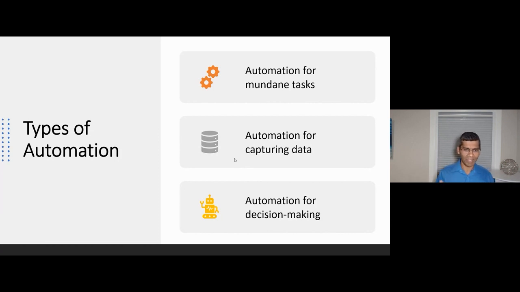For example, let's say every morning you want to send an email to your manager, or every evening you want to log into Salesforce, take a couple of sales leads and send them to a sales manager, right? So these are all mundane tasks. Why do I call it a mundane task? First of all, there is not much intelligence or any decision making going on. You fundamentally do the same thing again and again every day, or every hour. There's some kind of schedule, and you keep doing it.